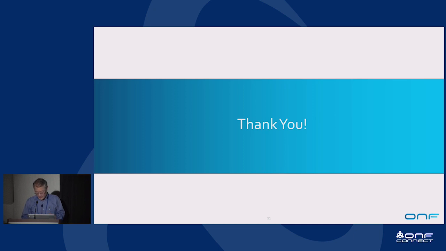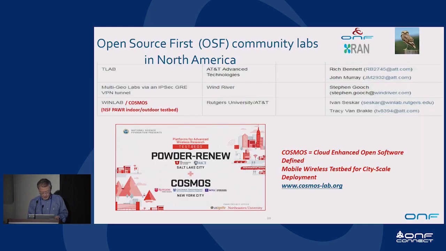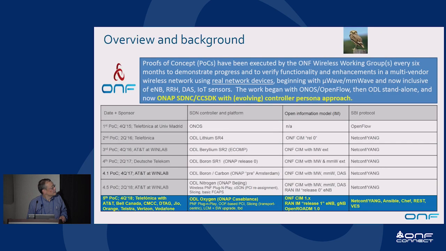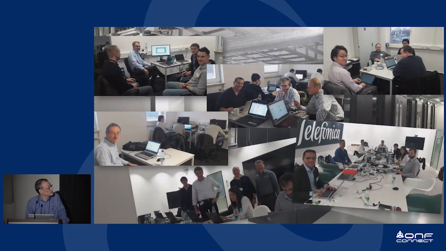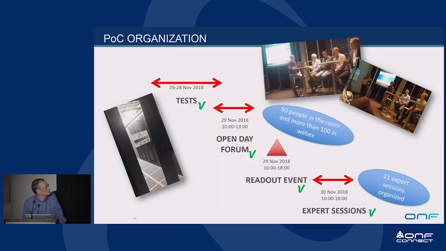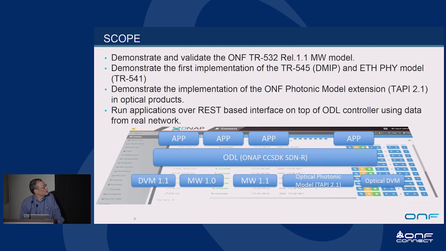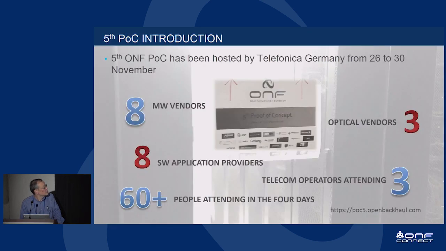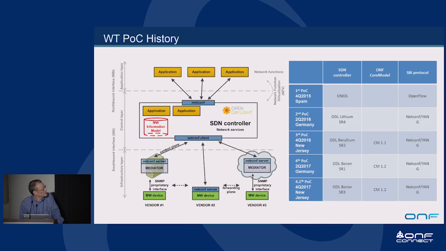But one thing I puzzle about with all of this is, if you look at the last slide, there's SIM 1.1, a 2.1, sorry, not the last slide. It's open model in 1.1. Somewhere you have a SIM 1.1 and a photonic model 2.1, and it seems to me that there are different components in different release states involved in these activities.